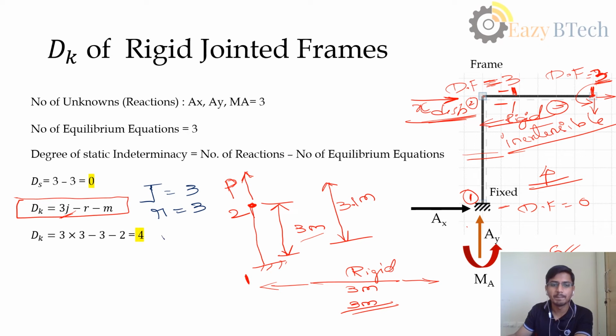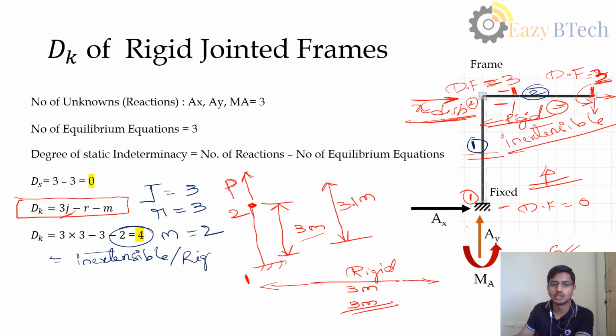How many members? M is nothing but the number of members. We'll need to count. Members are 1, 2. So the number of members is 2. When we substitute that, we get the value as 4, assuming that it is inextensible or rigid.